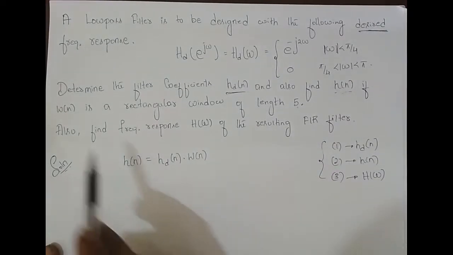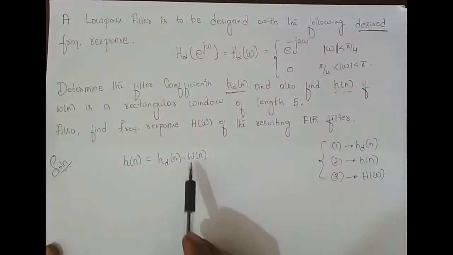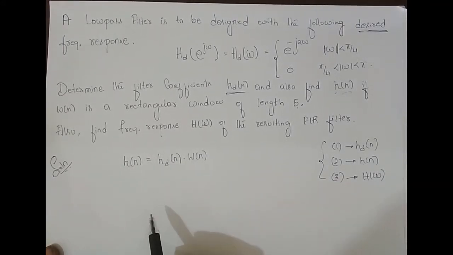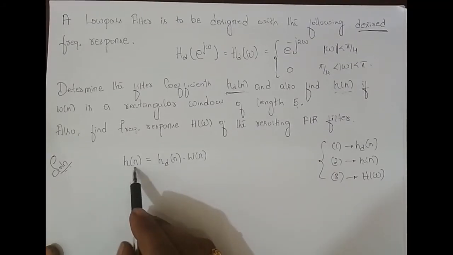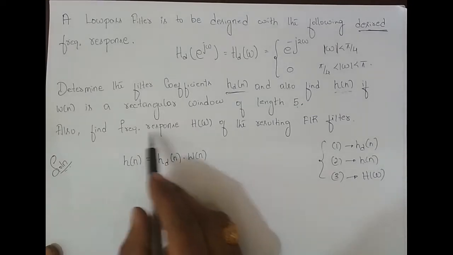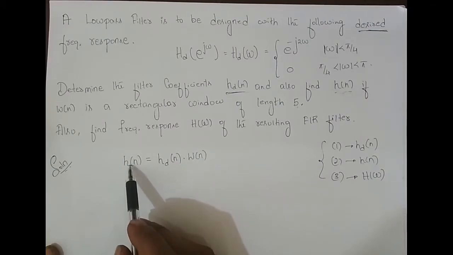In our case, the window function w of n, he has told that I need to use a rectangular window of length 5. So I have to use the equation for rectangular window, and we have discussed the equation for rectangular window in the previous video. Once I get this h of n, I can get the equation for frequency response h of omega, and again we have discussed this equation for frequency response in the previous video.